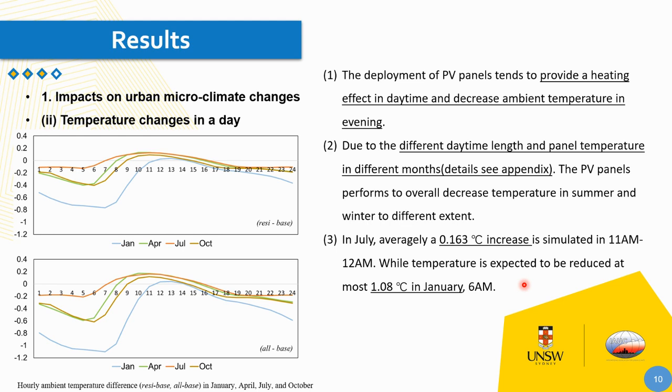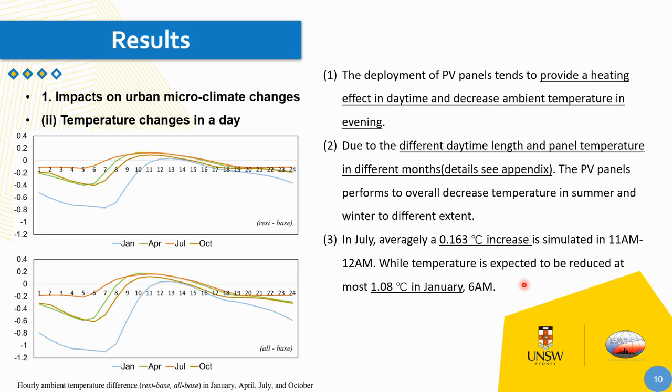Because of the different daytime length and panel temperature in different months, the PV panels overall decrease temperature in summer and winter to a different extent. In July, an average 0.163 degree increase is simulated at noon, whereas the temperature would be reduced a lot, at most about 1 degree in January before sunrise.